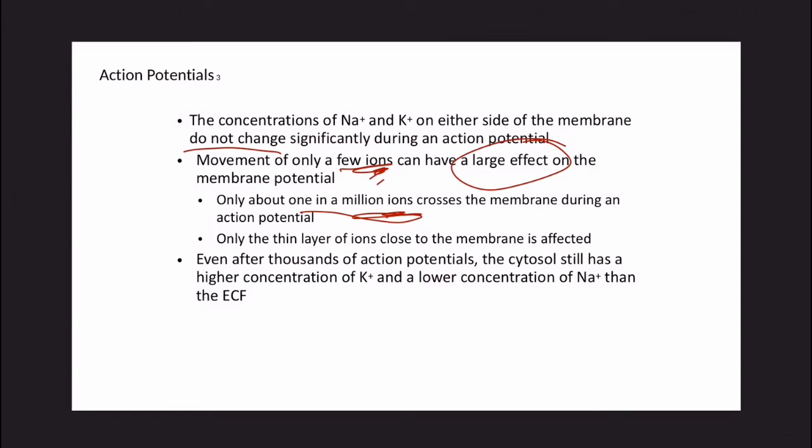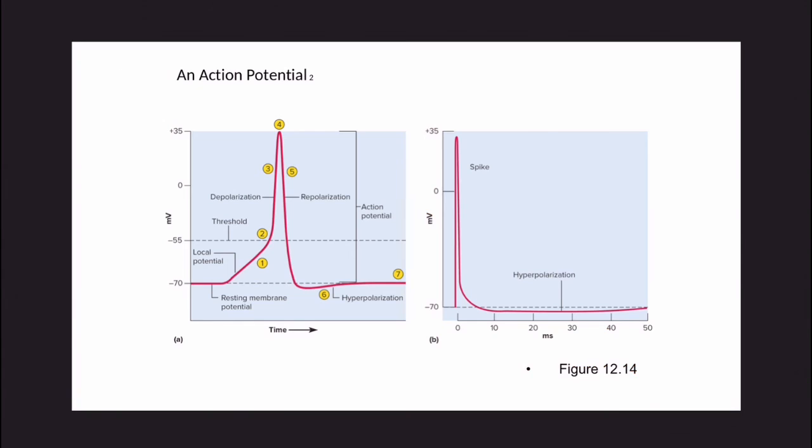The thin layer of ions closest to the membrane are the ones affected first because they're right there. So even after a ton of action potentials, the cytosol still has a higher concentration of potassium, which is tiny and everywhere, and a lower concentration of these much larger sodiums than the extracellular fluid.